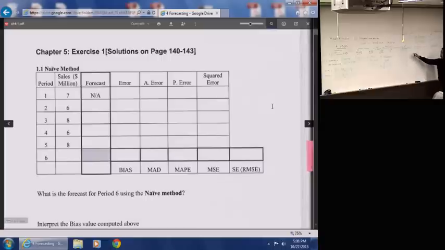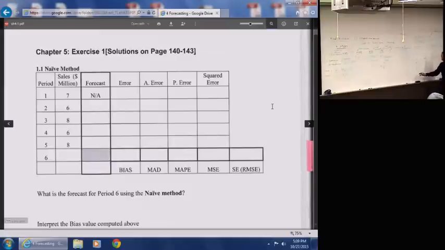So let's see what the mean of the actual value is. You have 7 plus 6 plus 8 plus 6 plus 8, and then the average. 13 plus 8 is 21, 27, and 35. 35, and you have 1, 2, 3, 4, 5.